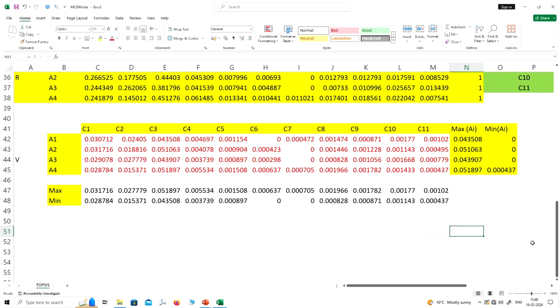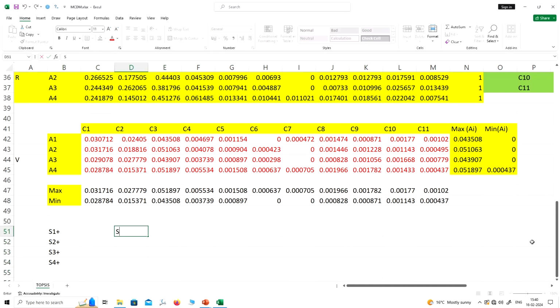I will write S1 plus, S2 plus, S3 plus, S4 plus, and similarly S1 minus, S2 minus, S3 minus, S4 minus.